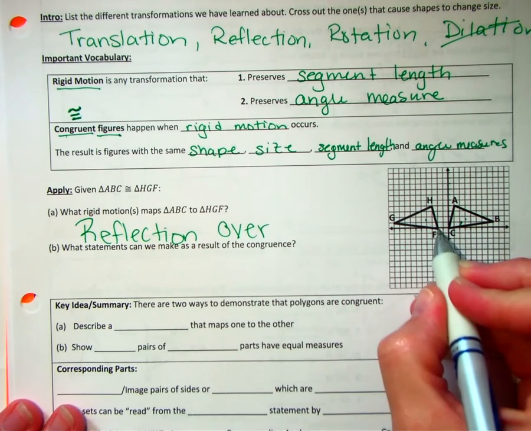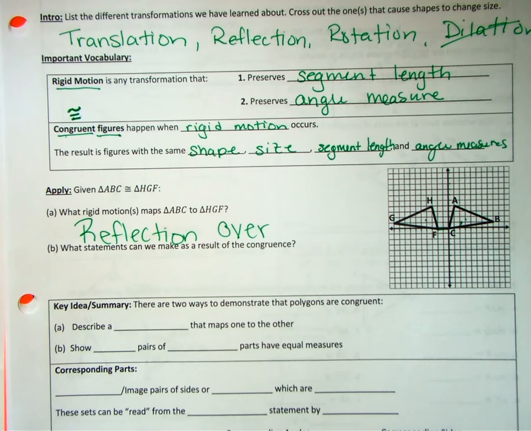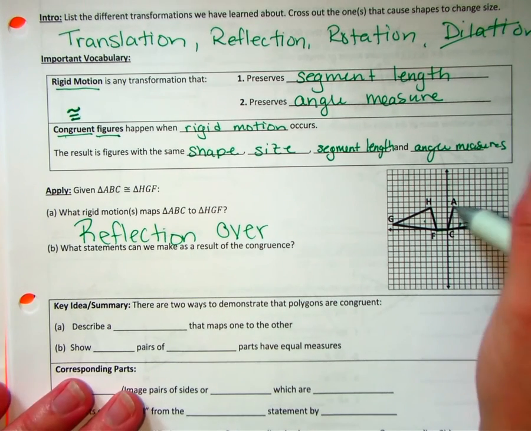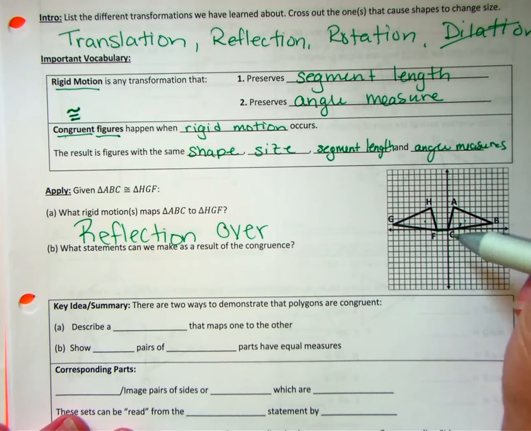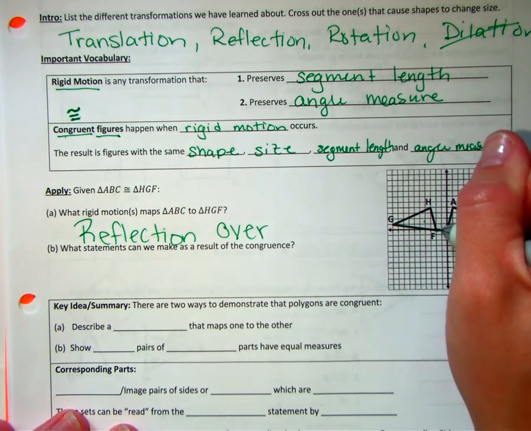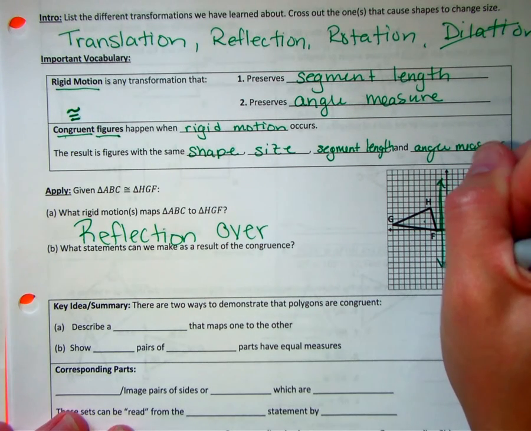So what you do to find that line is you count the boxes in between corresponding angles. So F and C, I count those boxes. I could also do H and A. You could count those boxes as well. But there are 2 boxes here, so we split the difference. So if there's 2 boxes, you go 1 over and draw that line. That is our line.